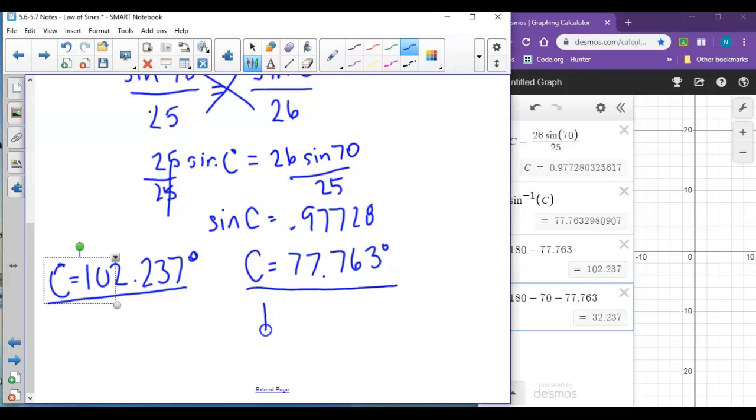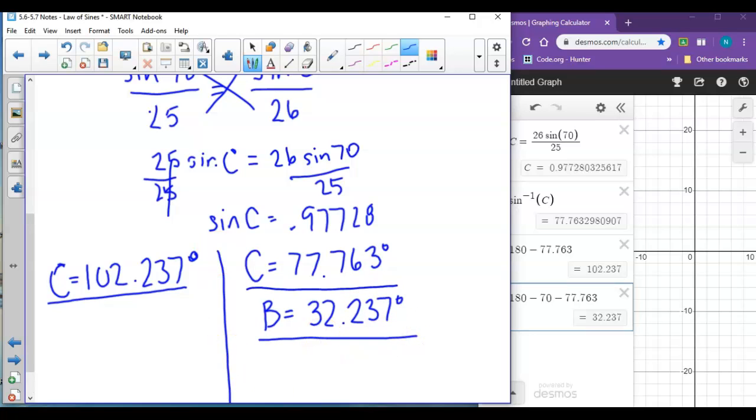So angle B is 32.237 degrees. Now, this is the angle B that goes with 77.763. There's going to be another angle B over here. We're going to have to do this problem twice using the other C value. So we'll do that in a minute.